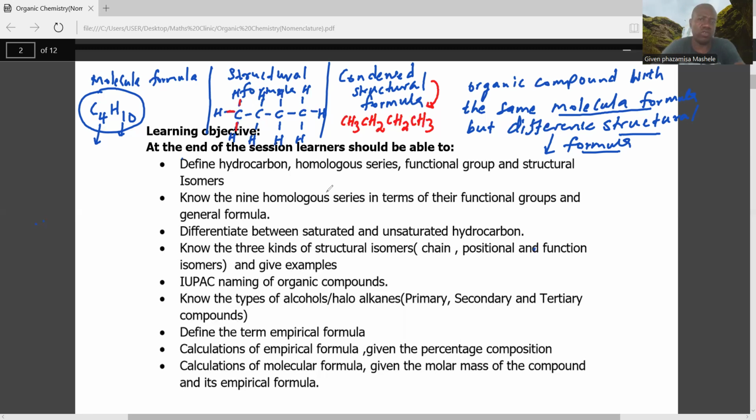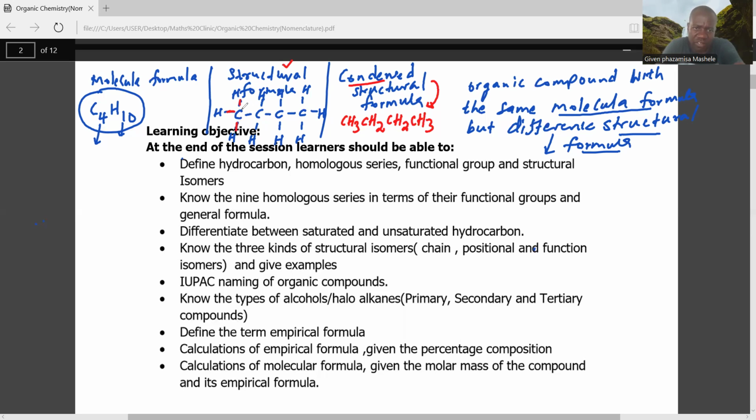I believe you're following. In a structural formula, we show the bonds, but in a condensed structural formula, we do not show the bonds. We represent the hydrogen atoms on each carbon atom.